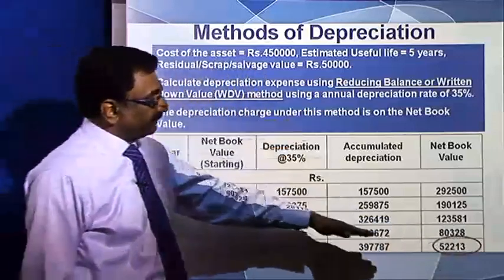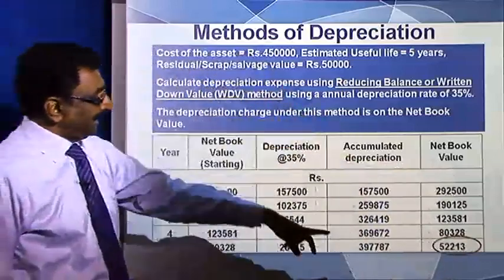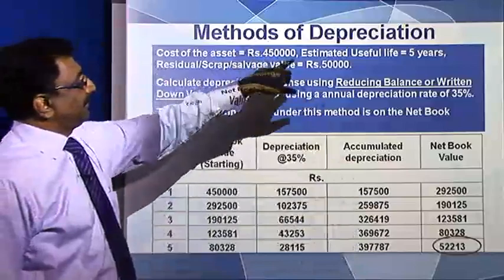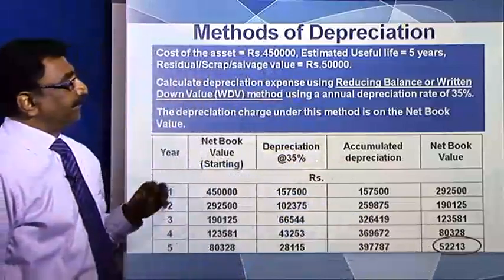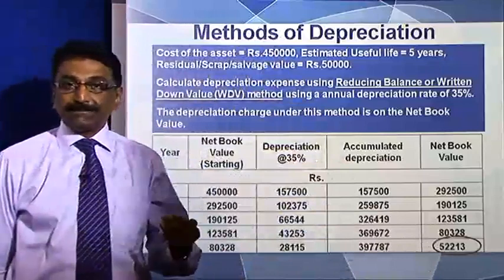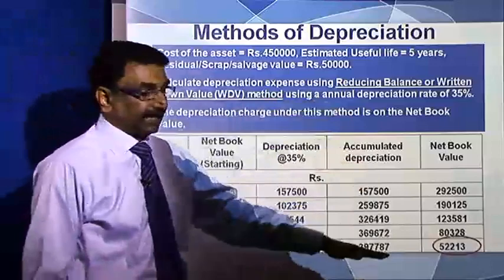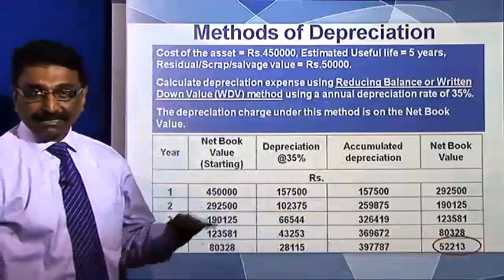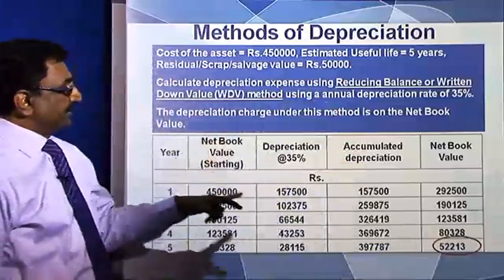So at the end of 5 years, your net book value of the asset after reducing the accumulated depreciation from the purchase price is around 52,000. Normally most businesses do not depreciate even if they continue to use the asset after the useful life has been attained, and the asset is carried at its purchase price.